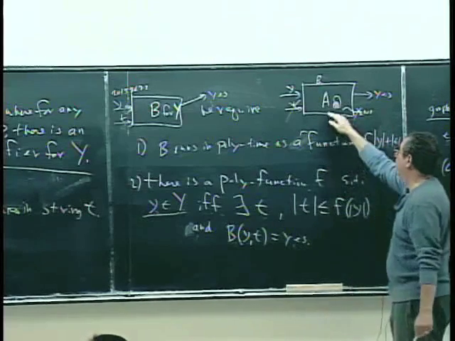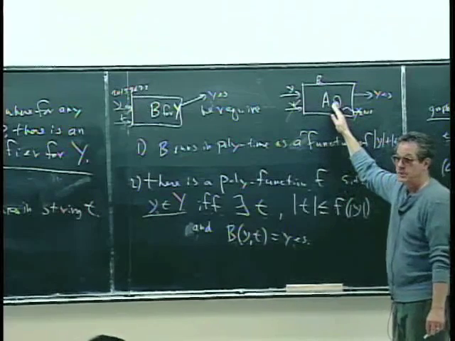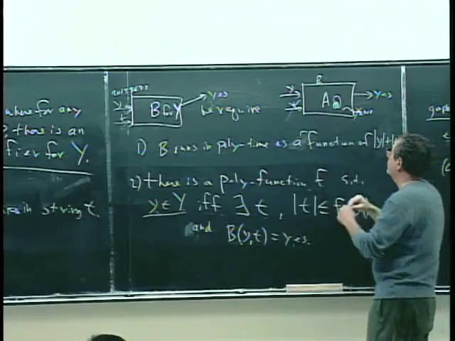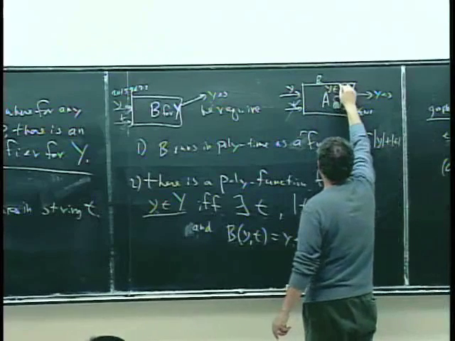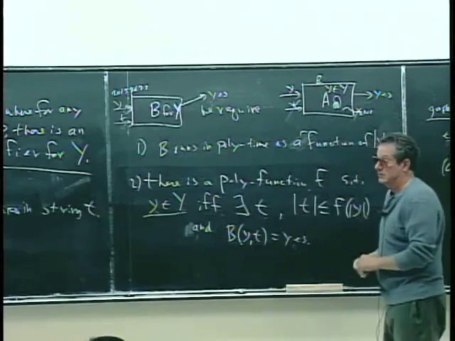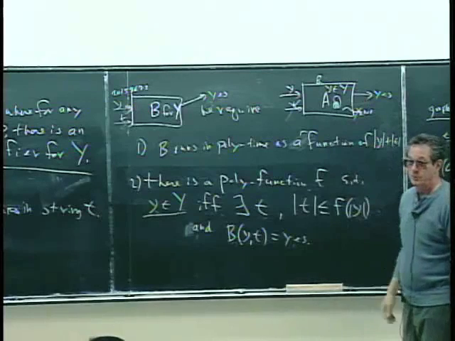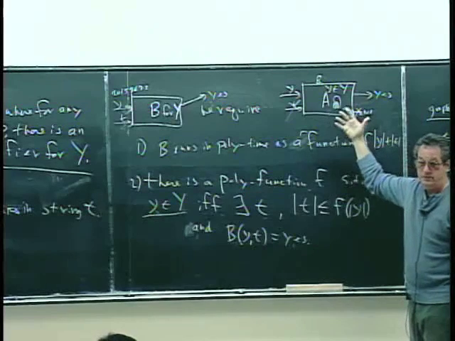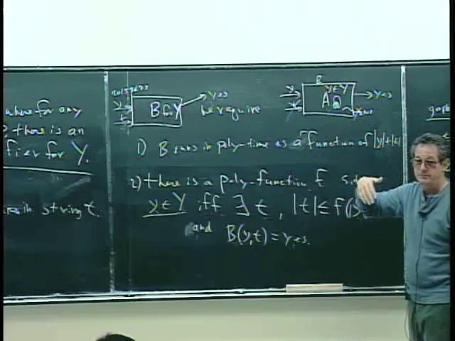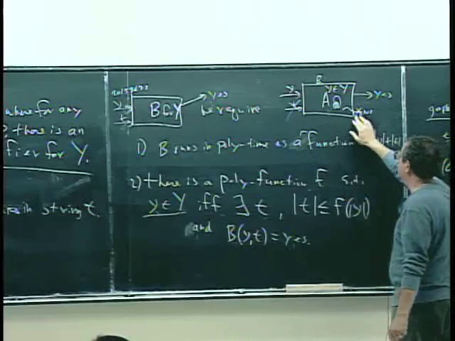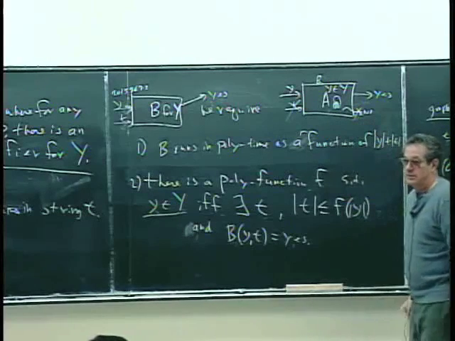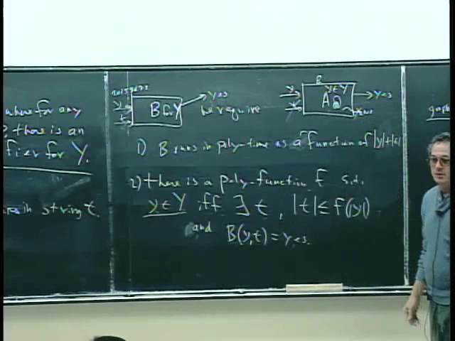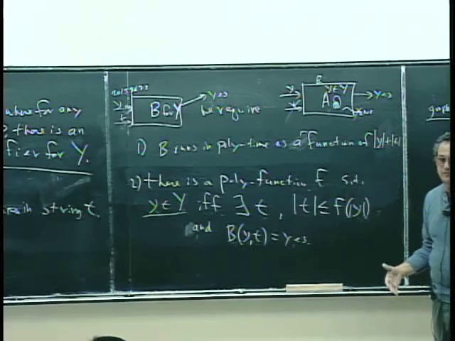So this A is polynomial time. It just looks at the input y. If it decides that y is in capital Y, it'll say yes. If it decides that y is not in capital Y, and it will decide one or the other because capital A is a decider, an algorithm that can actually say yes or no. If it decides no, it could, to be courteous, output no, but it doesn't have to, even in terms of the definition.